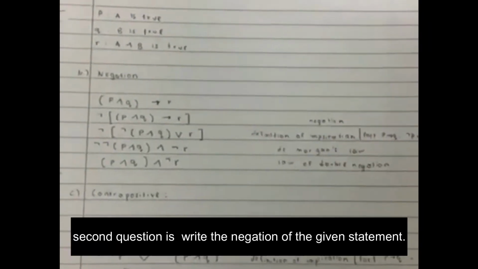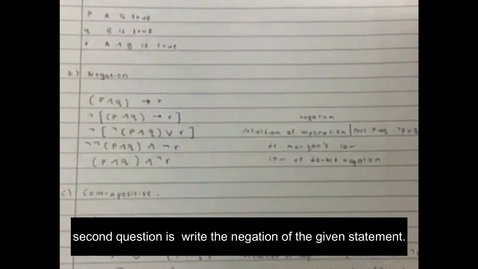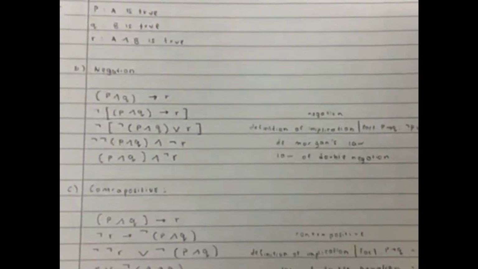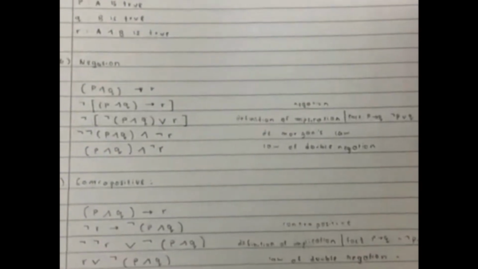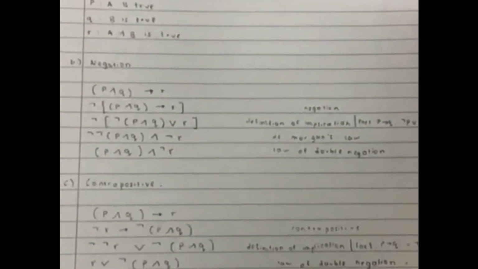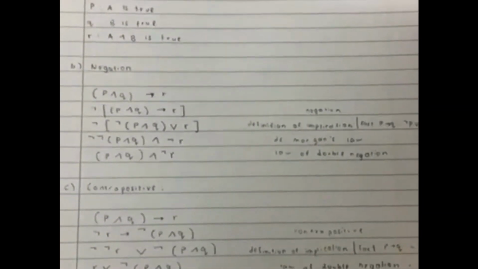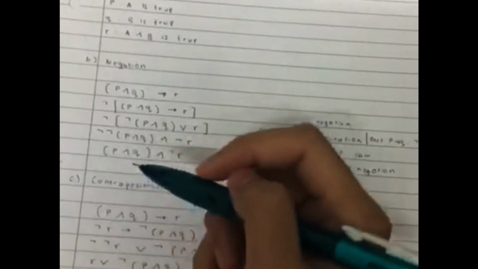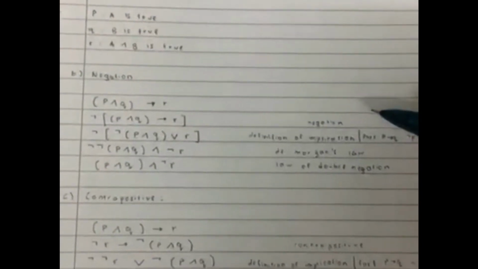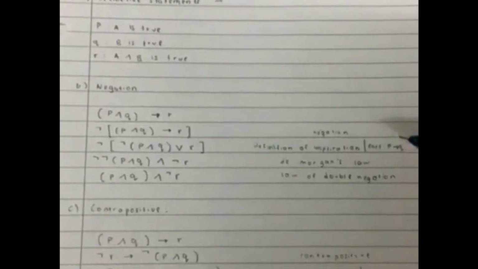Okay, part B asks for the negation of the given statement. The negation is the falsity of the statement. The negation of a statement P is denoted by not P. We just put not at the front of the statement, and we can solve this using laws of logic.